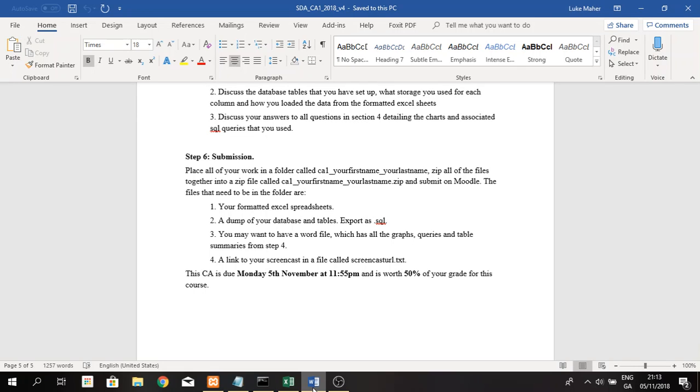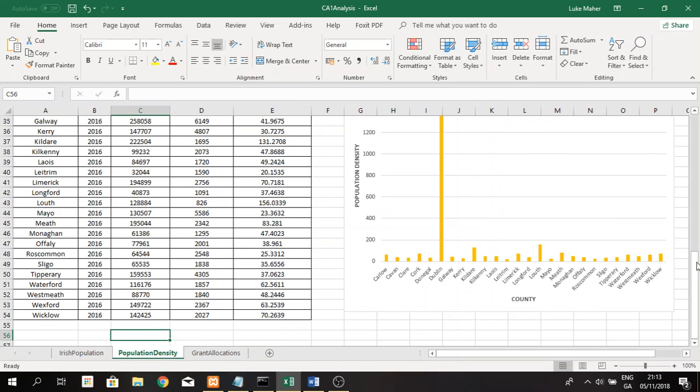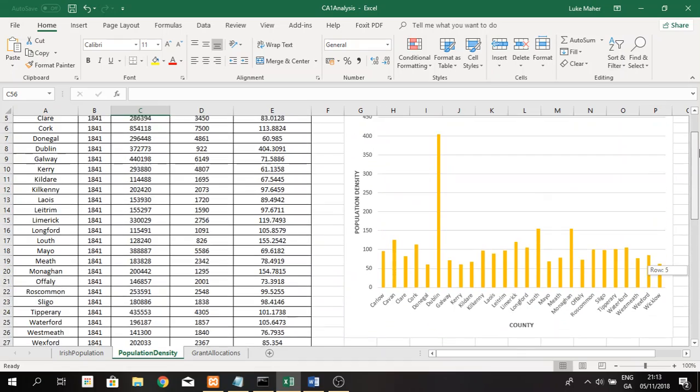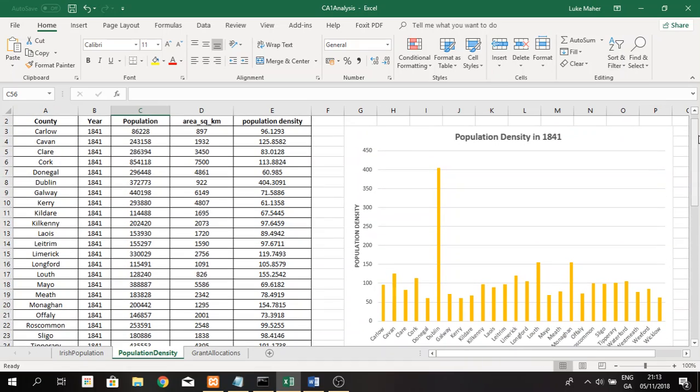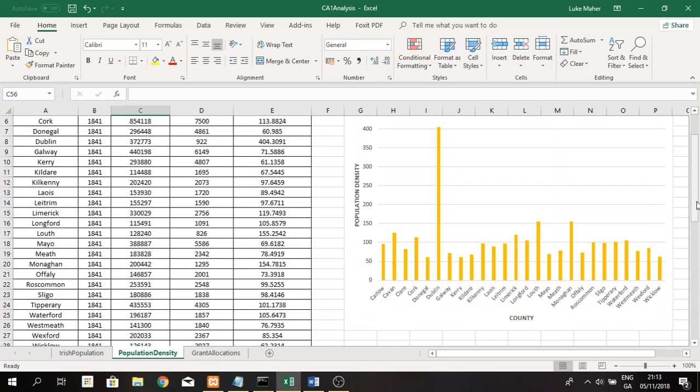Write a query that shows the density of population per county. So I was basically showing the difference between 1841 and 2016 and the different population densities of each county. I've done it here in a graph. And you see 1841, Dublin here was fairly much the densest county by far, and the rest of them are, Louth and Monaghan are nearly the same.